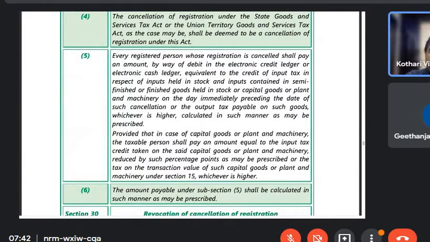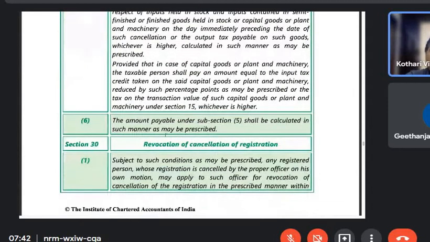So whichever is higher. And in case of capital goods, you have to reduce by such percentage basis point the input tax credit and then compare with the output tax value. The amount payable under subsection 5 shall be calculated in such manner as may be prescribed.